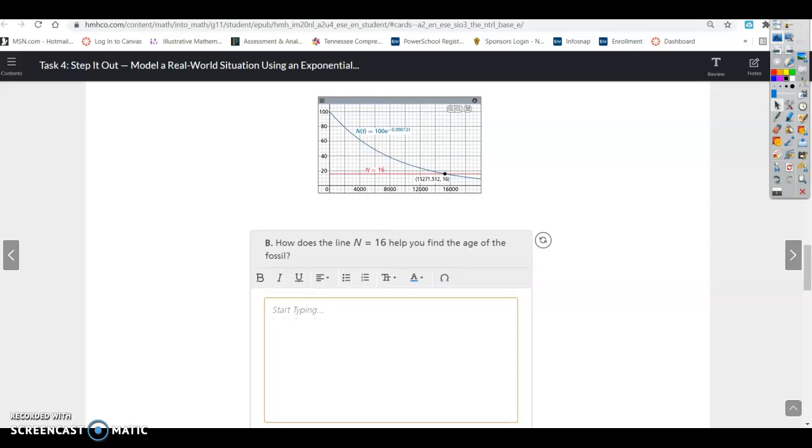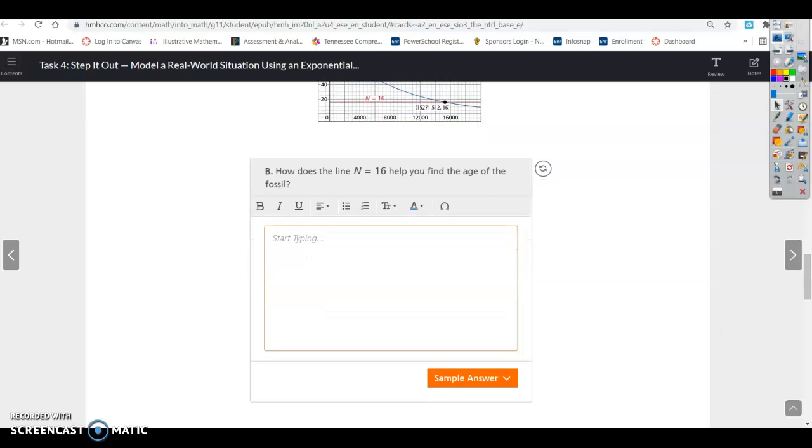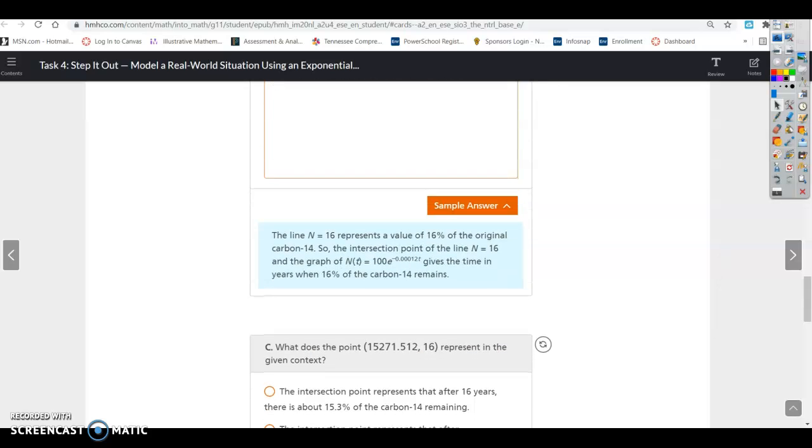How does the line n equals 16 help you find the age of the fossil? Let's see what their explanation is, because they probably can explain it better than I can. It's going to be the decay rate after so many years, but that's when there should be about 16% of carbon left. So it says the line n equals 16 represents a value of 16% of the original carbon-14.